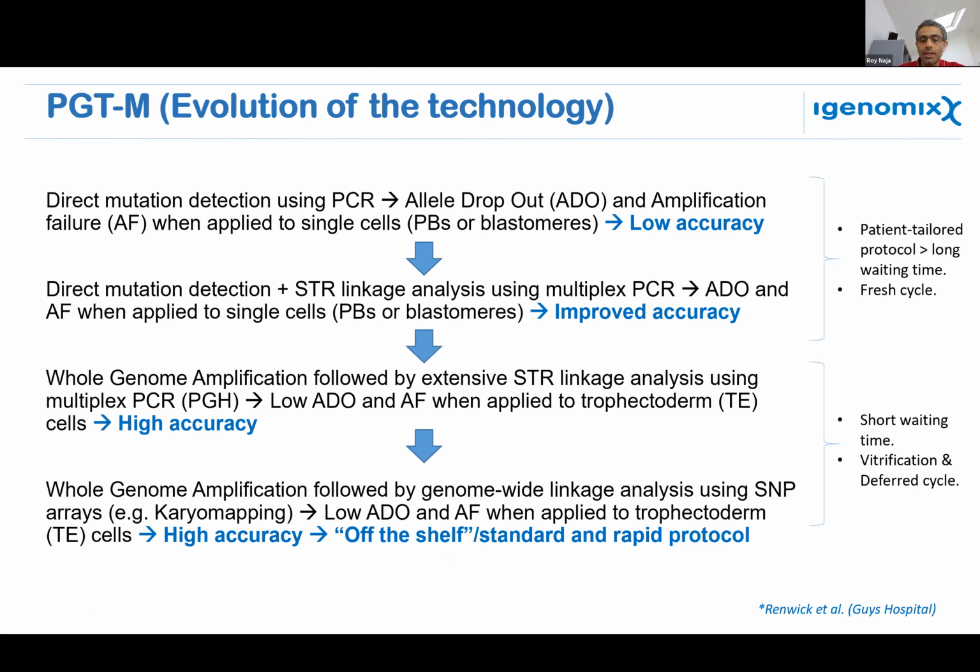So no more waiting times in order to have a workup done for PGT-M. And naturally, the embryos are frozen, and this allows time for the scientists to do the analysis and reporting. No more stress.